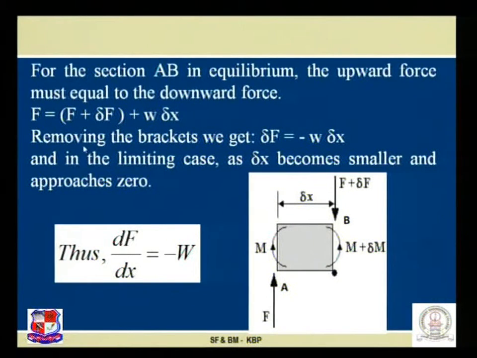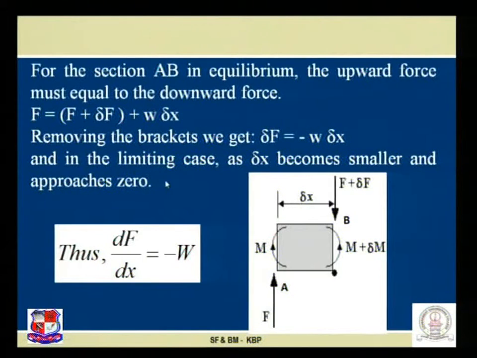Now, removing the brackets, we achieve delta F is equal to minus W into delta X. This is a very good correlation which has been achieved over here.